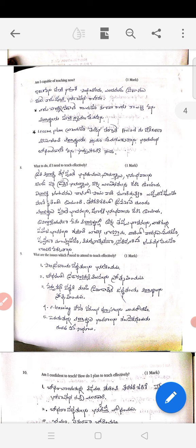Next, what are the issues which need to be attended to teach effectively? When you do careful observation of any teacher's class, you will understand there is a need to concentrate on some important areas.